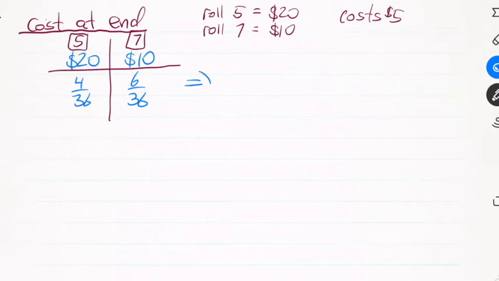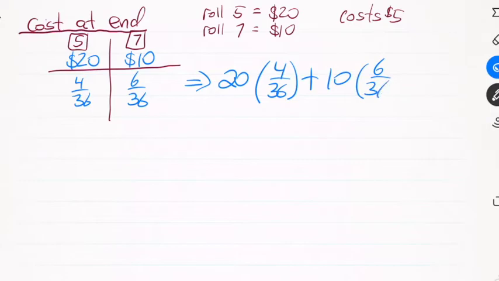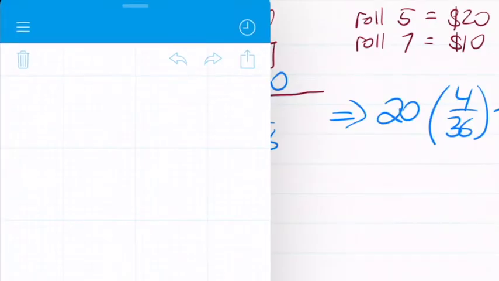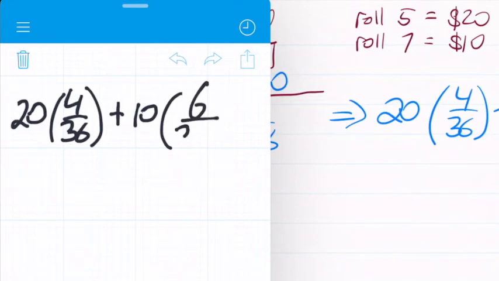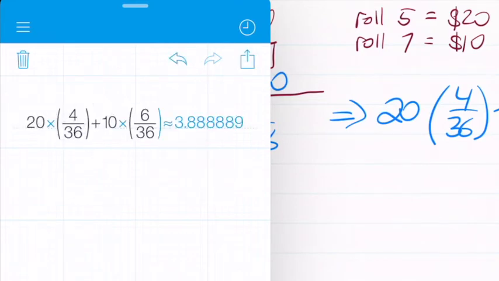So when we do that, we're going to get 20 times 4 out of 36 plus 10 times 6 out of 36. For a grand total of $3.89.